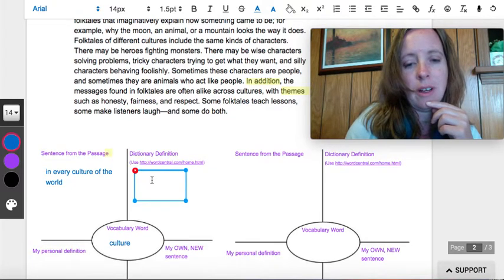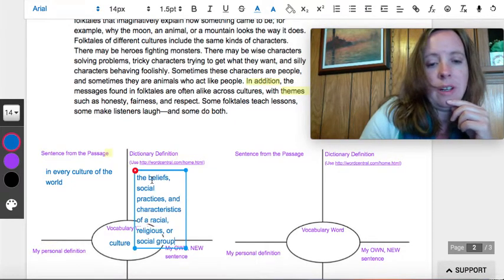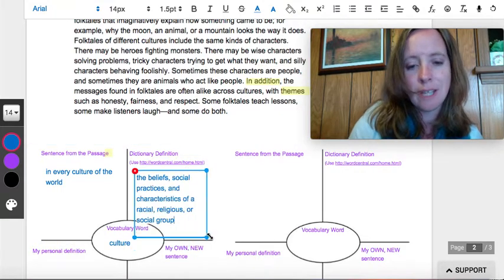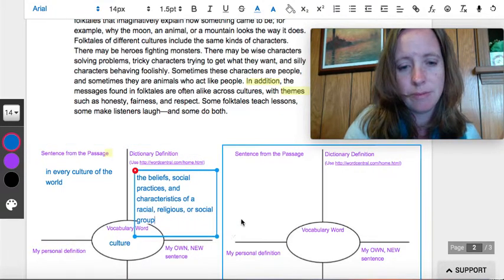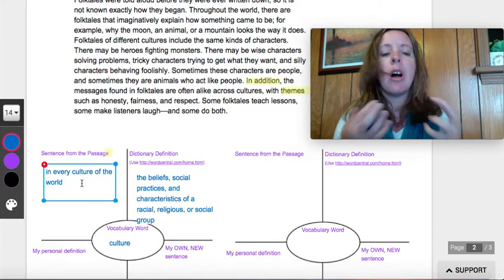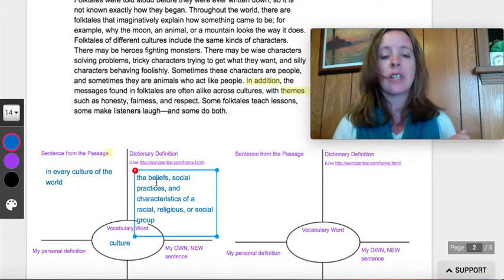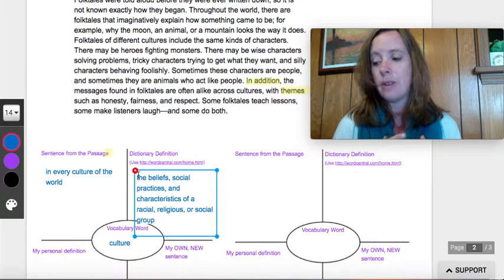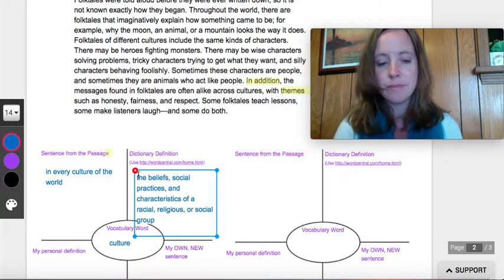Then I'm going to hit Control V. Voila! It's like magic. Cool. Let's see what I have so far. So culture, in every culture of the world. And the dictionary definition was the beliefs, social practices, the characteristics of a racial, religious, or social group. Okay, that's what a culture is.